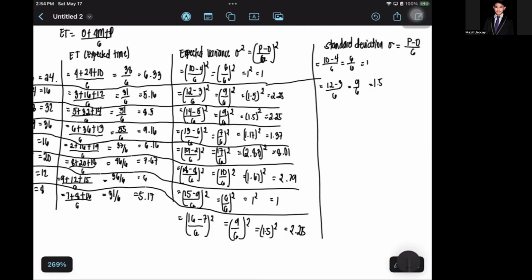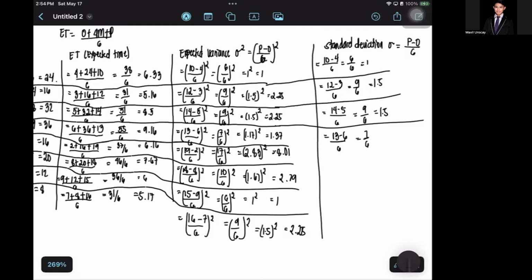Then 14 minus 5 over 6, no, there's no square at all. It will become 9 over 6 as well, 1.5. And then 13 minus 6 over 6 is 7 over 6, and the answer will be 1.17.